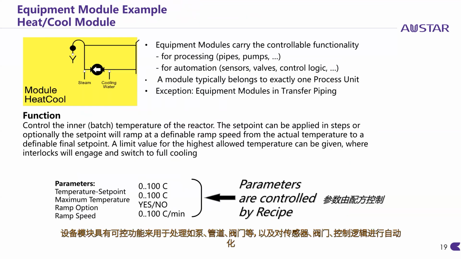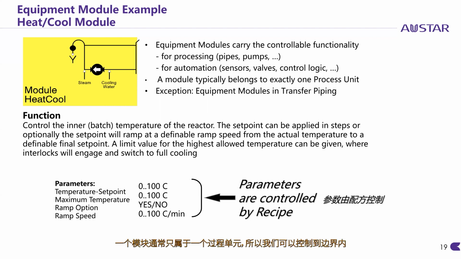The equipment module is the one that carries the controllable functionality for processing, which also contains pumps, pipes, valves, etc. Then it also carries the functionality for automation with sensors, valves, and behind it some control logic.